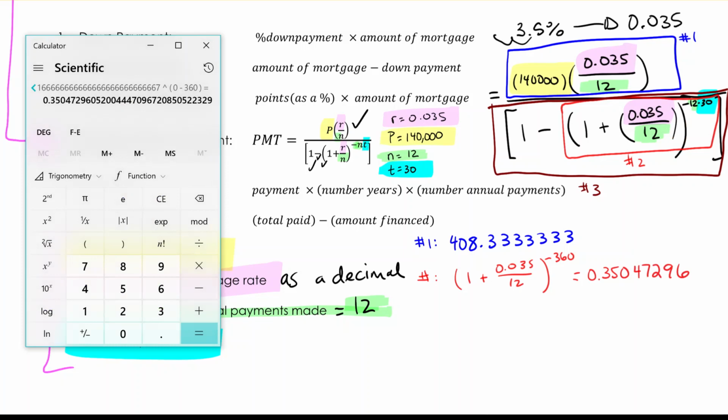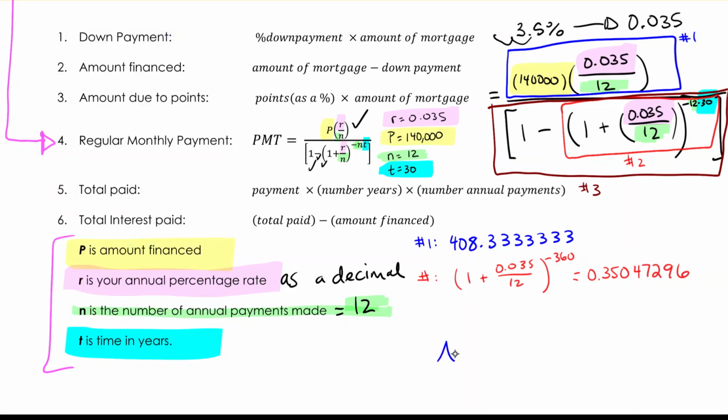Okay. Now a few notes here. Your calculator button, mine looked like this. Your calculator might have something like this as the exponent, in which case you would type parentheses 1 plus parentheses 0.035 divided by 12. Close the parentheses for the division, close the parentheses for the addition, exponent parentheses minus 360.